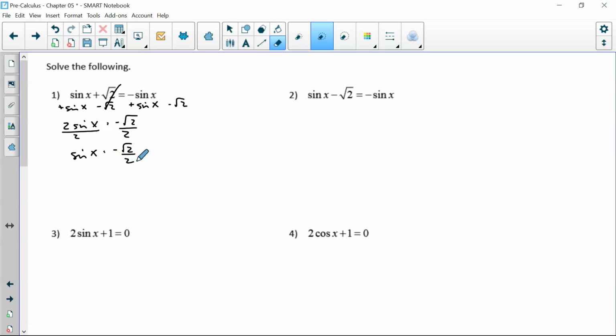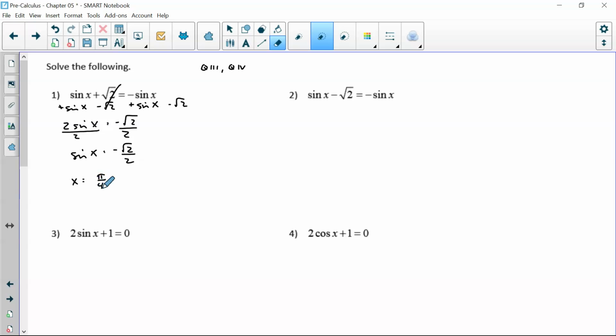Now, sine is negative. When I see that negative, I know for sine I'm in quadrant 3 and quadrant 4, because sine is positive in quadrants 1 and 2. When I see that root 2 over 2, I know that x equals a pi over 4.